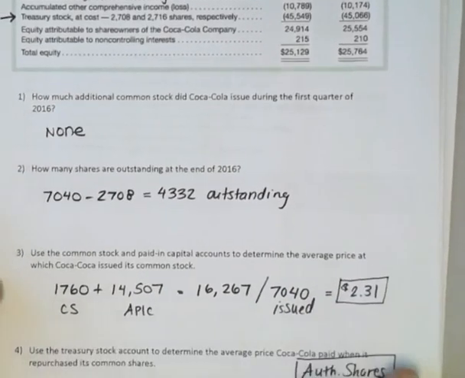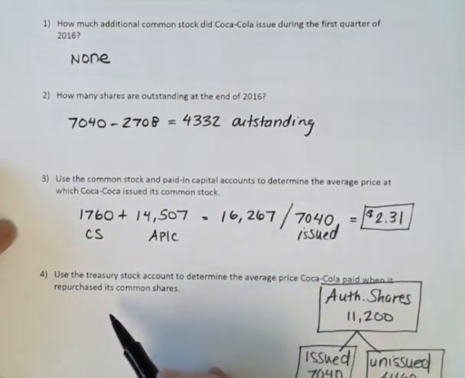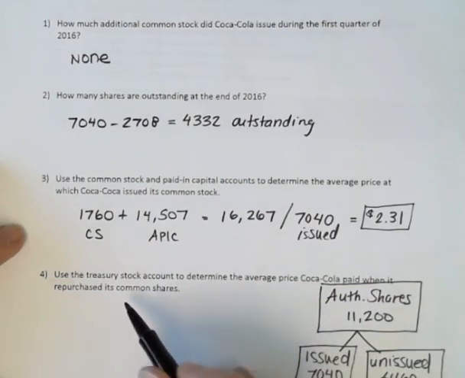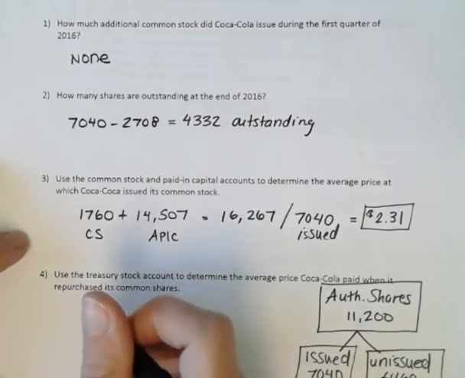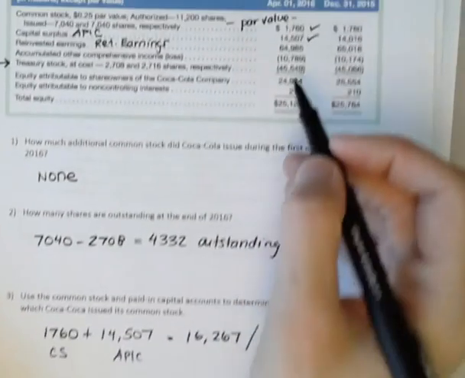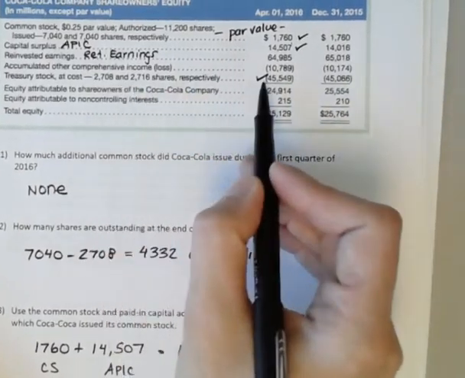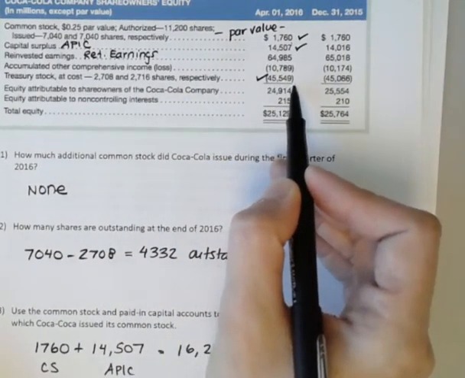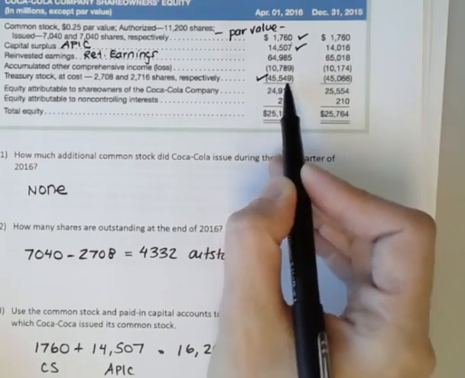for $2.31. So now, because Coca-Cola does a lot of treasury stock repurchases of their shares and holds them as treasury stock, I want to look at what price on average Coca-Cola acquired those shares back for. So I want to look at their current value for treasury shares, which is 45,549. So as a whole, Coca-Cola has paid this much cash over time to repurchase their shares.